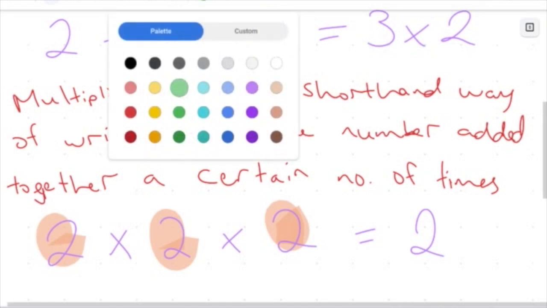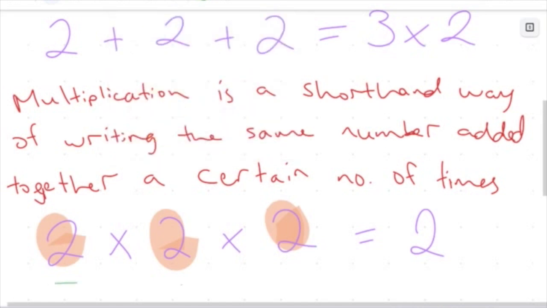And we have 1, 2, 3 2s. So I can write this as 2 to the power of 3. My base number, which is the number that is timesing by itself, and the power, this 3, the amount of that same number we have multiplying by itself.